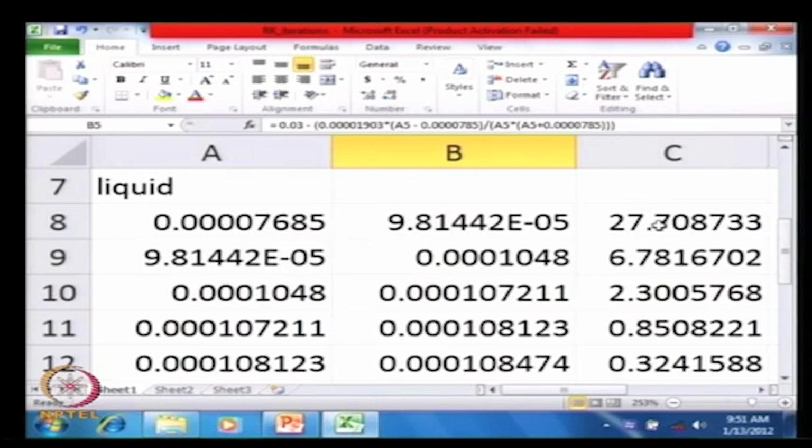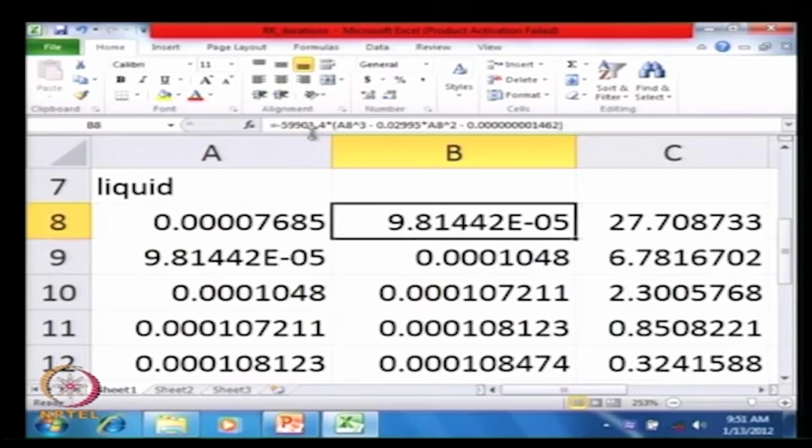This is clearly unacceptable. Therefore, we put the calculated value in, the calculations are given here. That is the previous one. This was the equation that we saw for the liquid volume iterations, 59901.4 minus 59901.4 into the one inside the brackets.